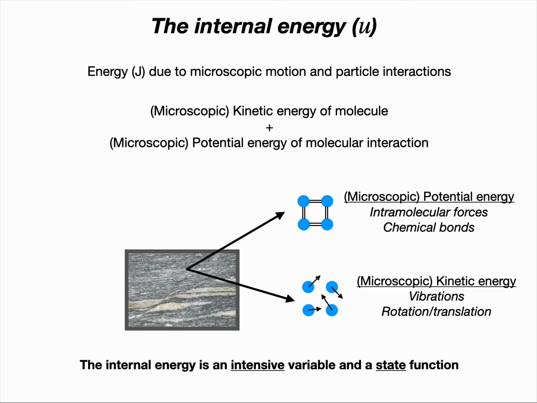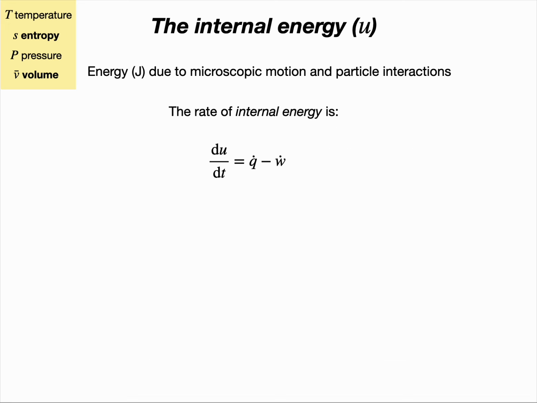So let's start with internal energy. Again, just some repetition. Combination of microscopic kinetic energy of molecules and microscopic potential energy of molecular interactions. This is basically U. If we want to change U, we need to introduce the first law, dU/dt is Q dot minus W dot.